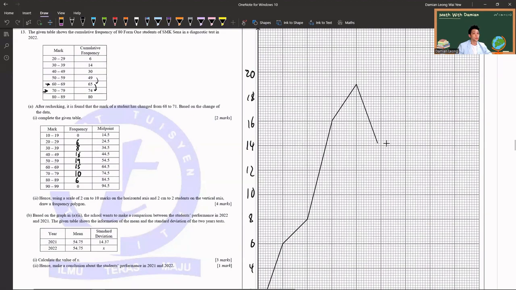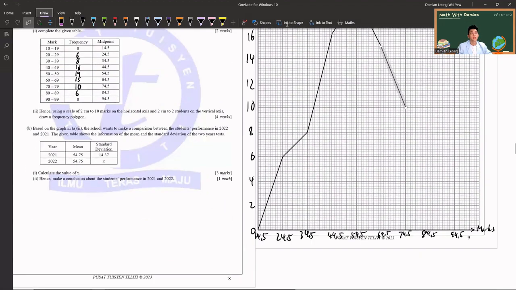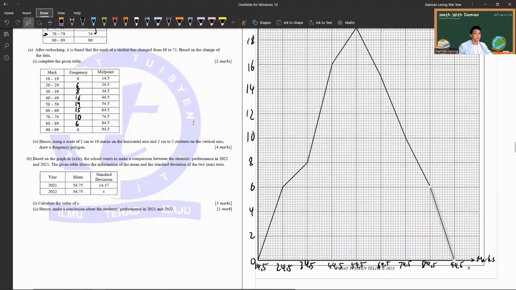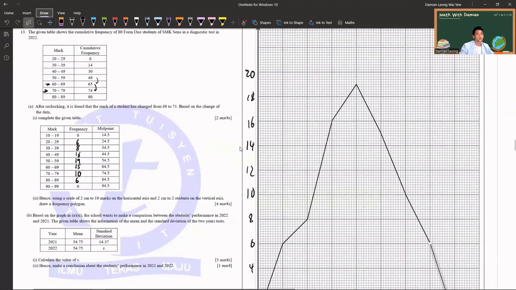Go back down to 15. Then to 10. 6. And 0. That's the frequency polygon. This one, vertical axis representing the frequency.